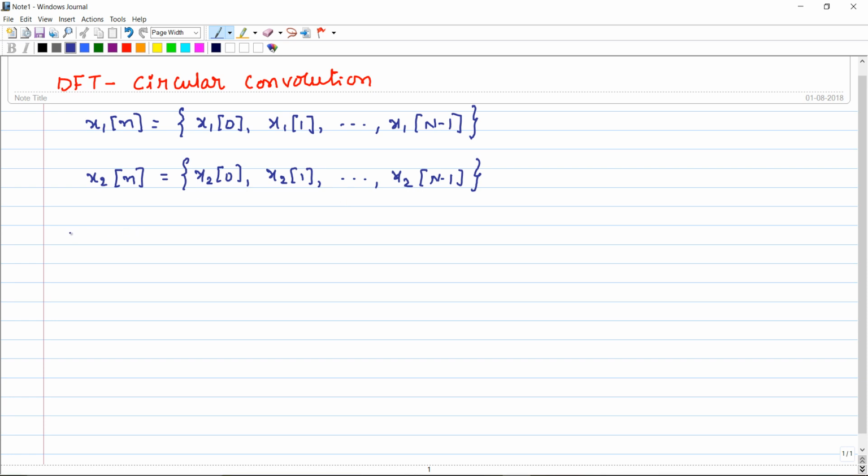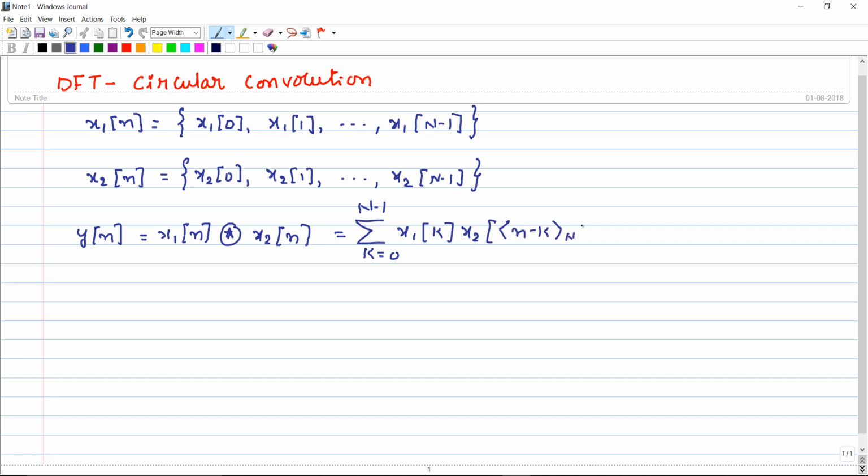So the circular convolution of these two signals is defined as y of n equal to x1 of n circularly convolved with x2 of n. This is how circular convolution is written in shorthand notation, and it is given by the summation k equal to 0 to n minus 1 of x1 of k, x2 of n minus k modulo n.